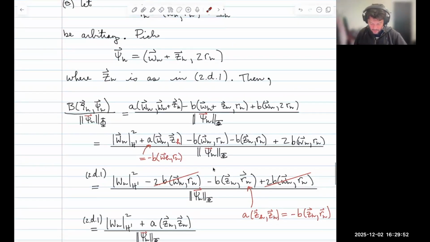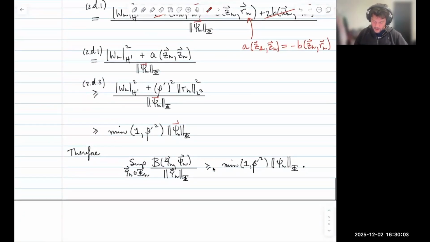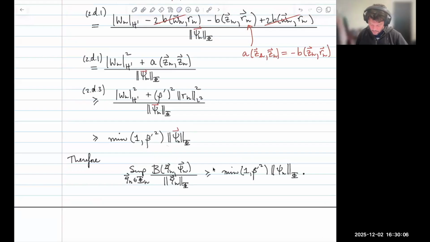So the problem is I've got this guy on the bottom, and I need something which is going to cancel with that norm on the top. So how do I do that? That's not exactly what I have. What I have is this. Didn't realize that before. All right, so I'm missing one step here.